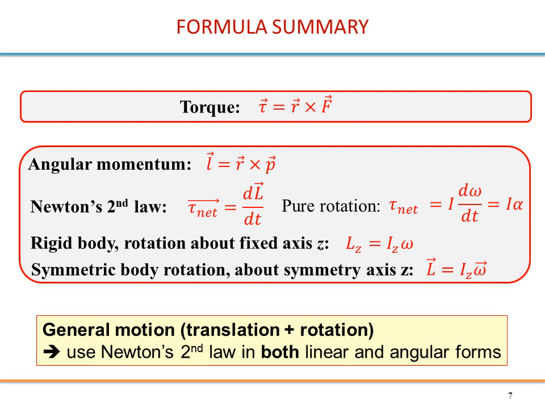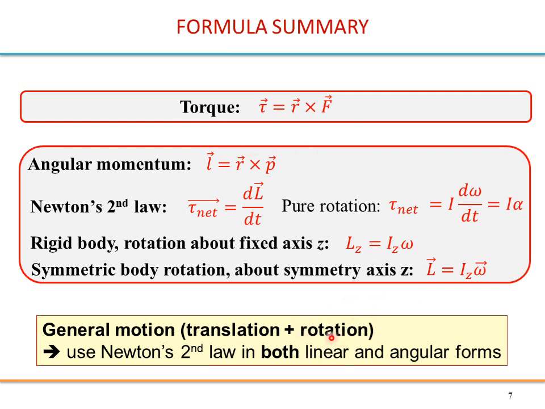So we have studied so far in my lectures pure rotation, and you should have seen before translation, so linear motion. In fact, any general motion can be represented as a combination of translation plus rotation. So this is very useful.